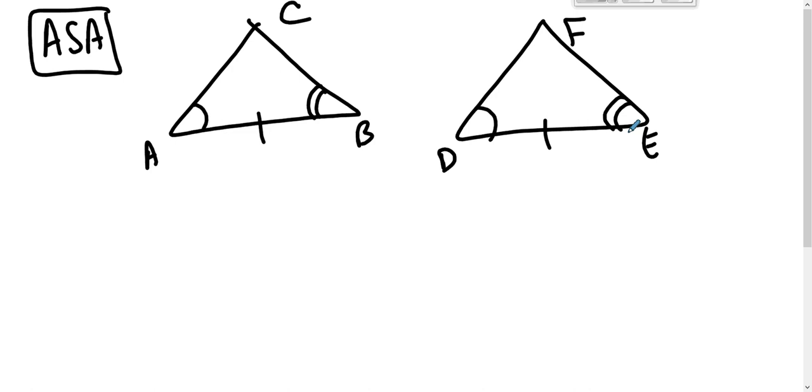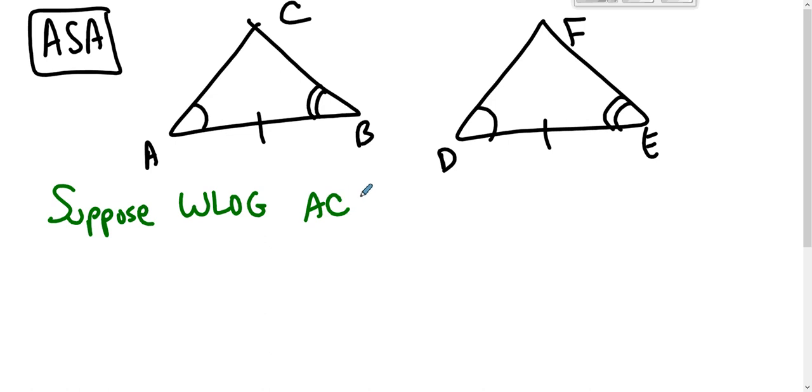So here's how we're going to do this. If AC is congruent to DF, then we're done. We'd have side angle side. So what I'm going to argue is that's exactly what we've got. And I'm going to do that by arguing, suppose, without loss of generality, that AC is greater than DF.